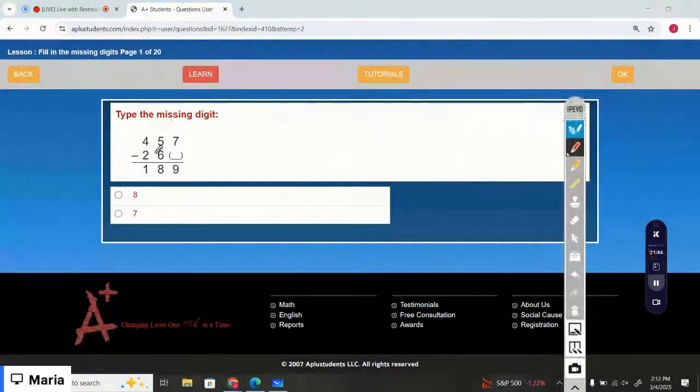So basically we are subtracting 457 minus, and you need to find a digit, only one digit is missing. You are given two of the numbers, 8 and 7. That must be 8 because you cannot subtract 7 out of 8. You need to borrow 1, which makes 17. 17 minus 8 is 9. Then you have to borrow again 1. That makes 14. 14 take away 6 is 8. And then 3 take away 1 is 2.